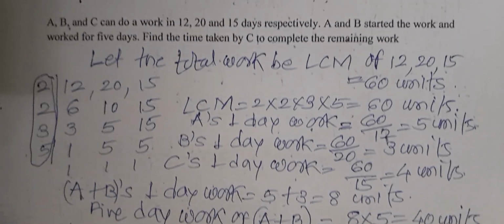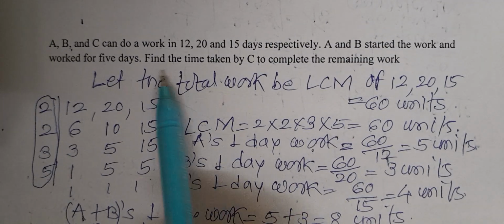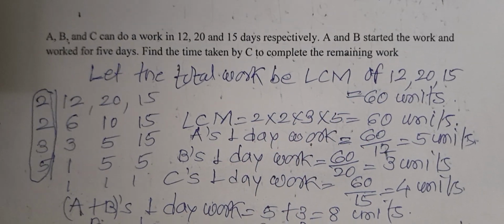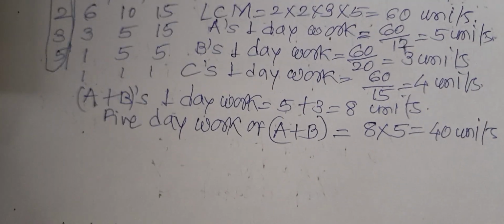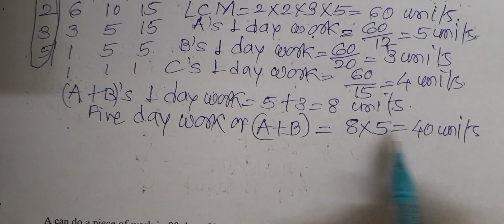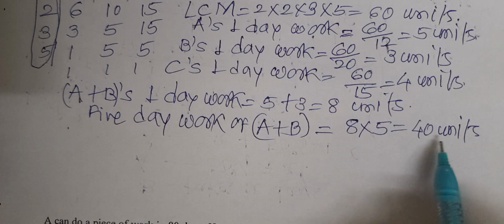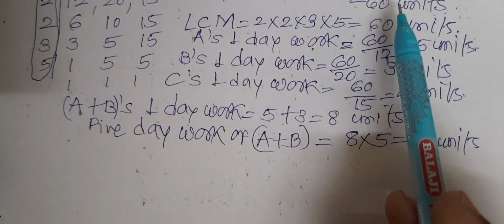What we have to find is the time taken by C to complete the remaining work. A plus B worked for 5 days and their work is 40 units. Total is 60 units.